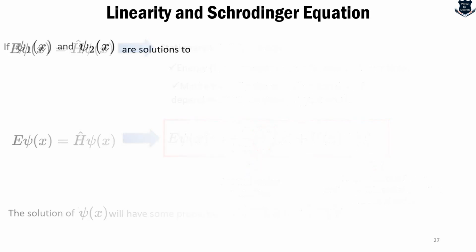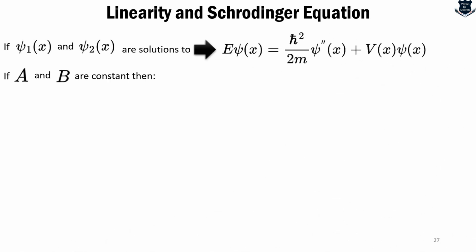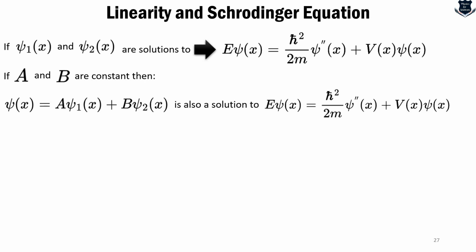And what are they? If psi 1(x) and psi 2(x) are solutions to this equation, and if a and b, or alpha, beta, whatever you consider, are constants, then we can say that psi(x) equals a psi 1(x) plus b psi 2(x). That means I have just substituted the constants over here, and this is also a solution to the earlier one.